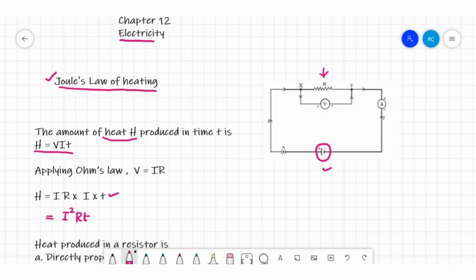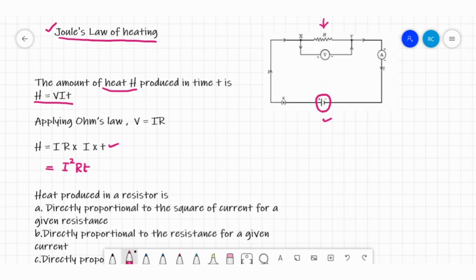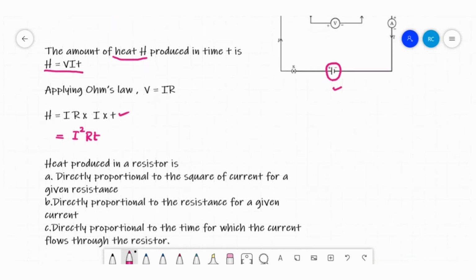H, the heat generated in the circuit, is equal to I square RT, which means the heat produced in a resistor is directly proportional to the square of current for a given resistance.